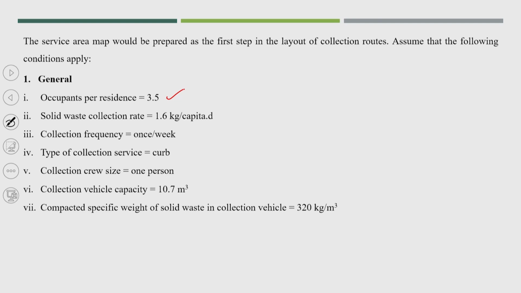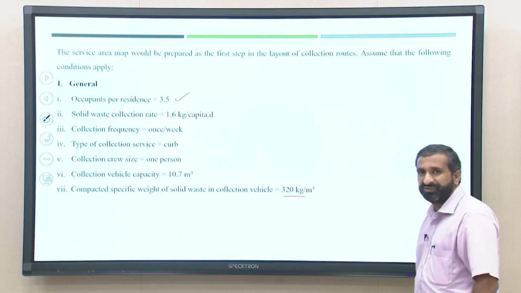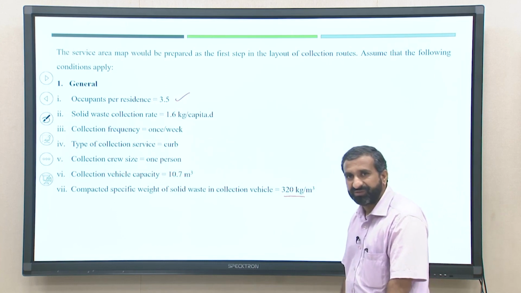Collection rate is 1.6 kg per capita per day, collection frequency is once per week, type of collection service is curb, collection crew size is 1 person, collection vehicle capacity is 10.7 meter cube, and the compacted specific weight of solid waste in the collection vehicle, that is the density, is given as 320 kg per meter cube. Okay, so we will go for the solution.